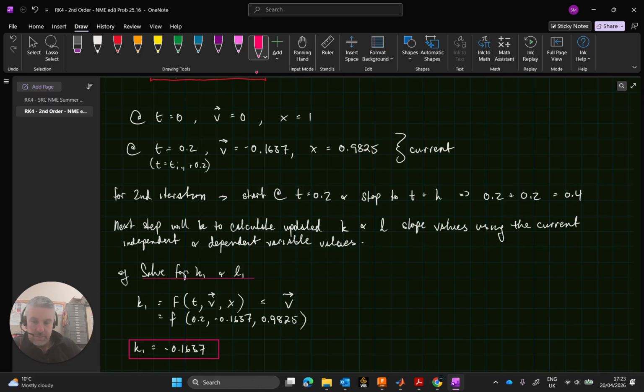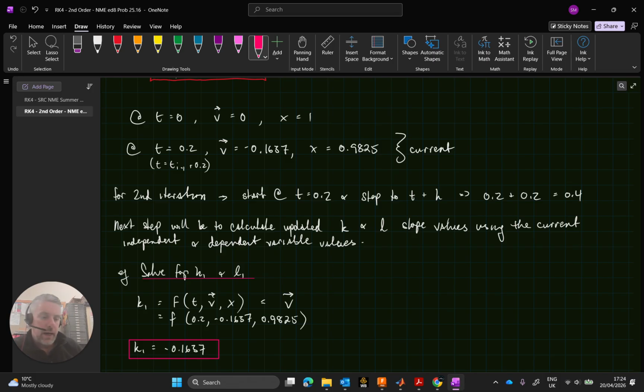The K2 function, we're going to have adjustments. It'll be t plus 1/2 of h, so it'll be 0.2 plus half of 0.2, which is 0.1. So our t input will be 0.3. Our v will be this v value, our current velocity value, minus 0.1637 plus 1/2 of h, which is 0.1, multiplied by our L1 value, and our x is going to be our current x value plus 1/2 of h multiplied by our current K1 value.